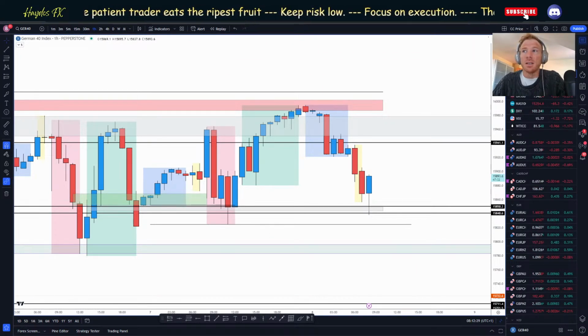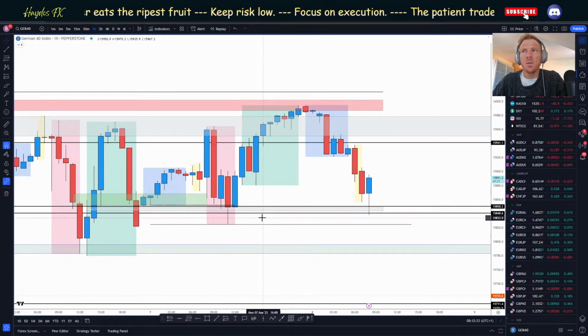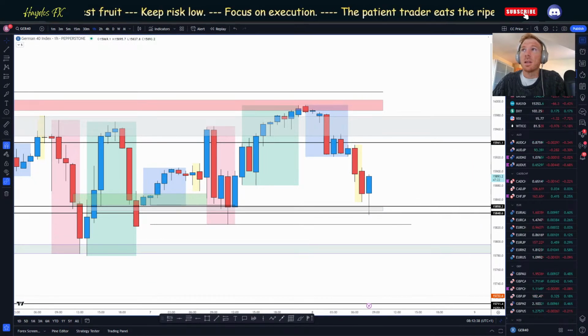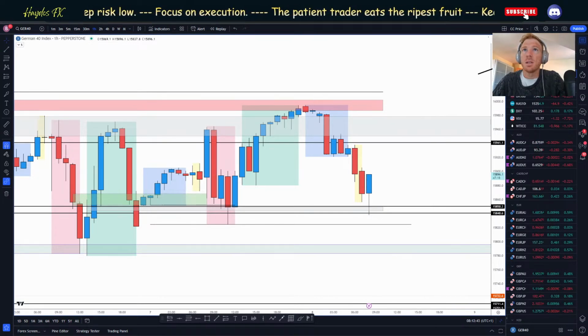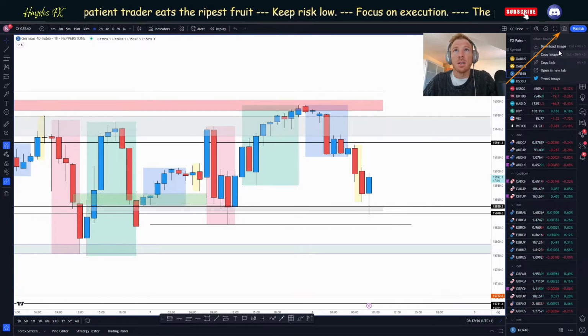Also, if you're going to send it, if you're on TradingView, which most of you have migrated to now, in case you're not sure, you can take a screenshot quite easily by the little camera here. If I click on this, you can copy image.